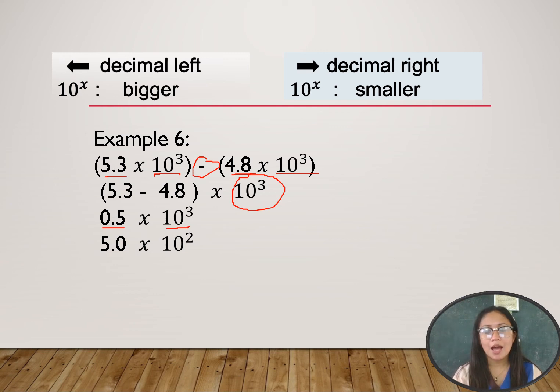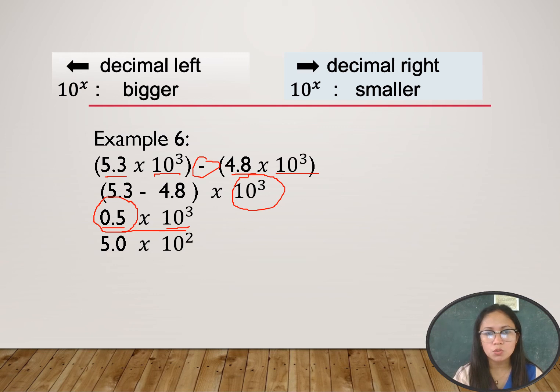Remember that a number is written only in scientific notation if it's in the form a times 10 to the power of n, where your a should be greater than or equal to 1 but less than 10. In this case, this is not yet the final scientific notation form because our first factor does not reach 1.